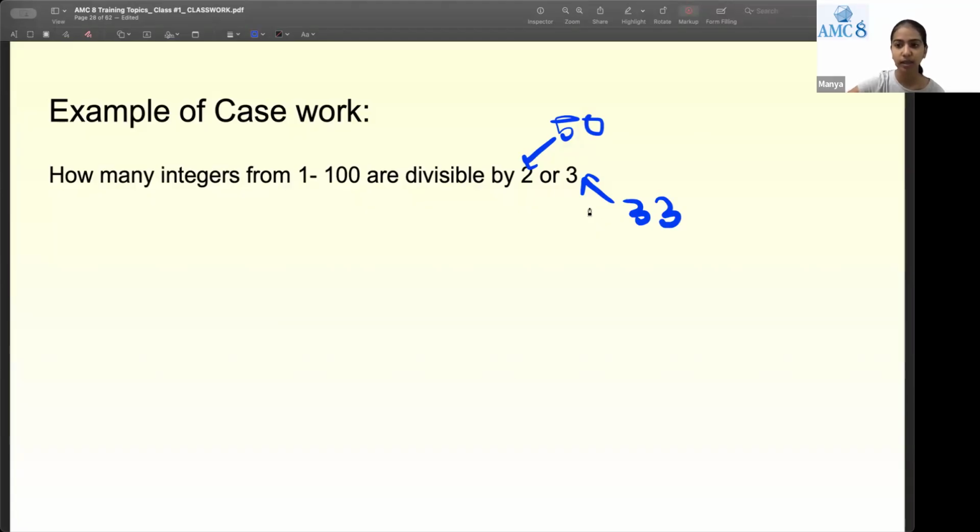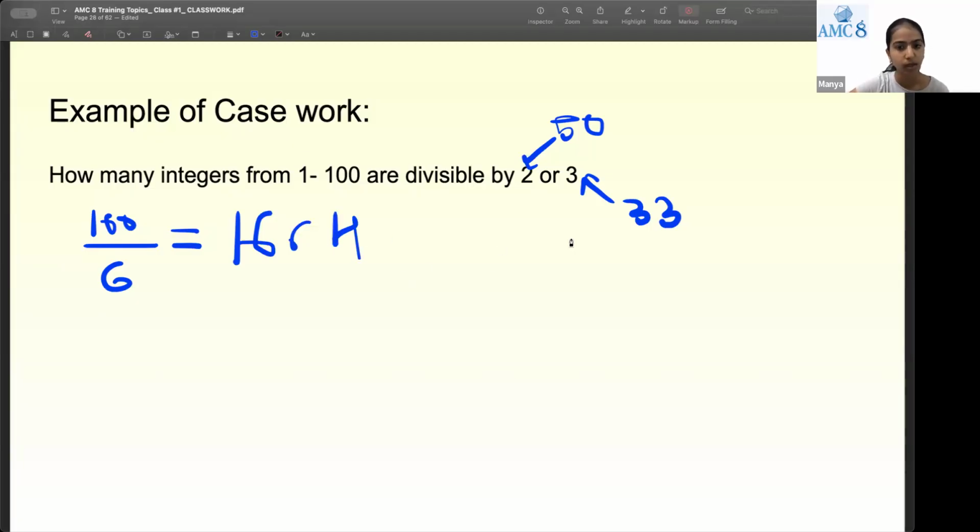But now we need to cancel out all of the multiples of 6. We have to do 6 because 6 is the least common multiple of 2 and 3. So how many multiples of 6 are there? It would be 100 divided by 6, which is equal to 16, remainder 4. But we don't really need the remainder, right? So there's just 16 numbers like that.